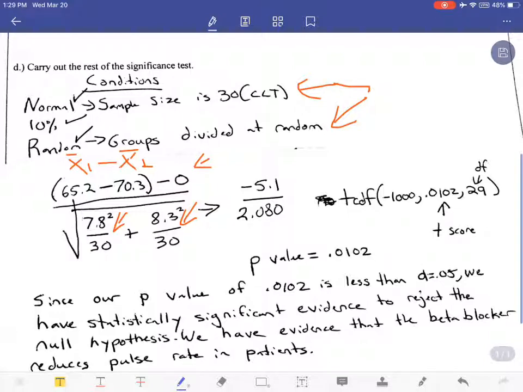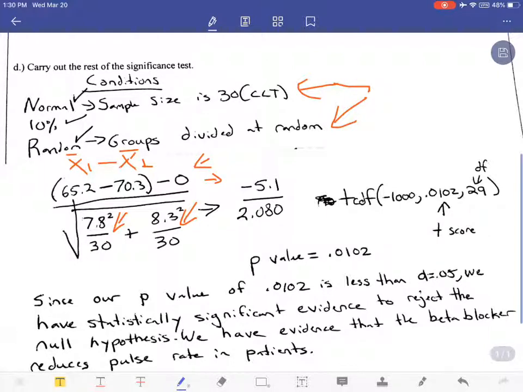So again, don't try putting this all in your calculator at the same time. It's going to be very difficult to get it to come out right. So I recommend, just like you see what I did here, doing the numerator first, and when I subtract those, it comes out to negative 5.1, and when I calculate the standard deviation at the bottom, that comes out to 2.080. Then I just divide those two.